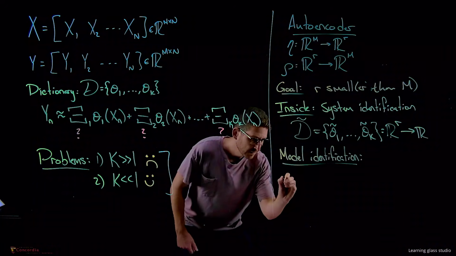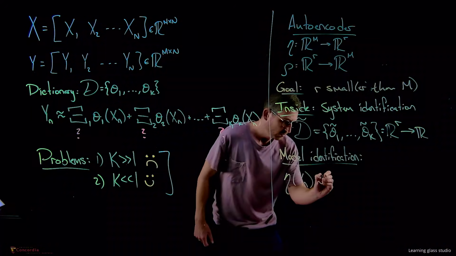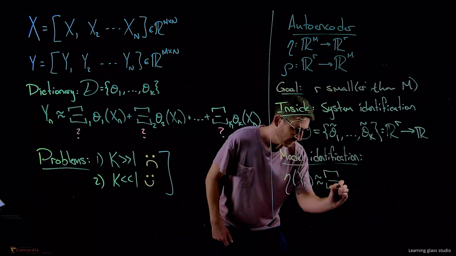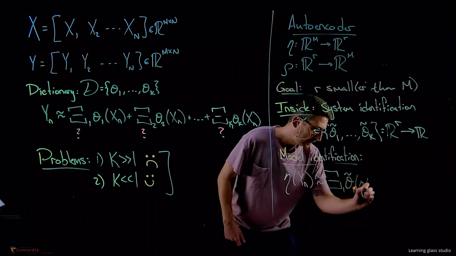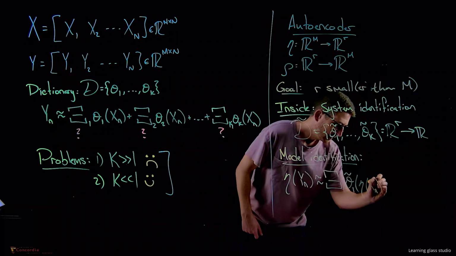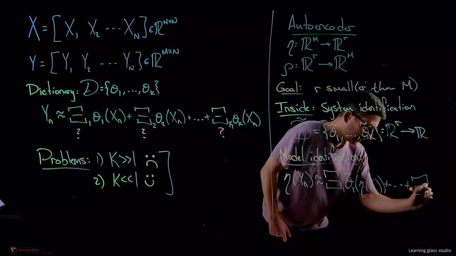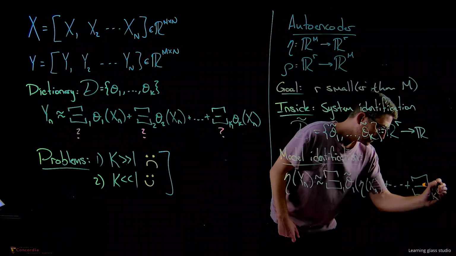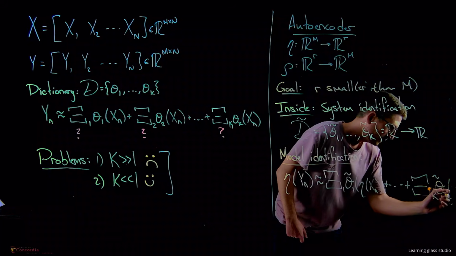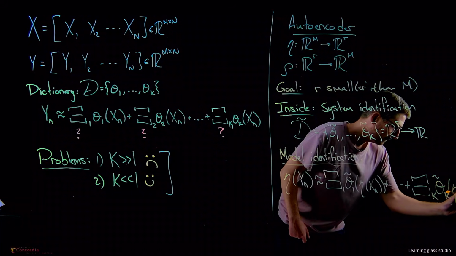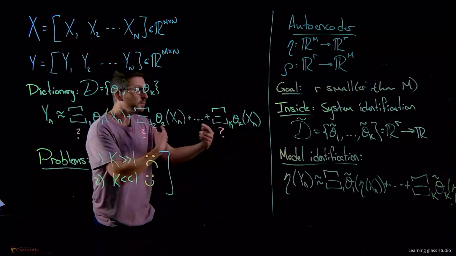So you're going to say, let eta of yn be approximately equal to, and here I've got theta 1 tilde of eta of xn, and then so on and so forth, plus theta k tilde of eta of xn. So you do model discovery on the transformed variables.